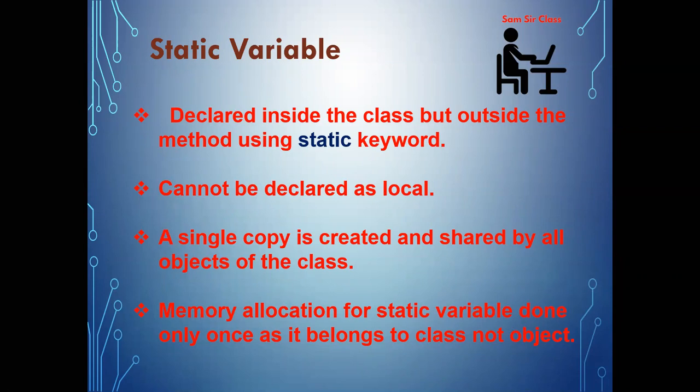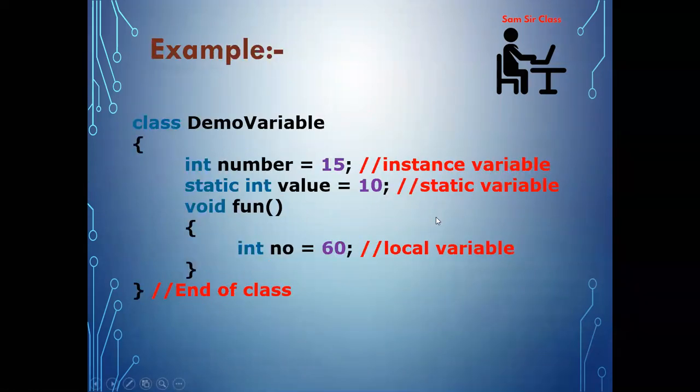Clear? Now you can see the example and recall it. If you declare a variable inside the method of the class, it is a local variable. Whenever you declare a variable outside the method inside the class with the static keyword, it's a static variable. Without the static keyword, it's an instance variable. Clear?